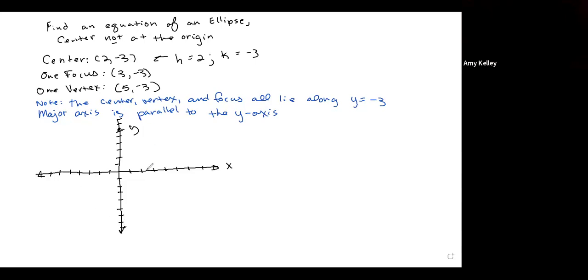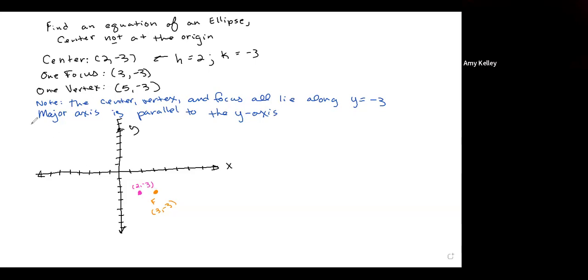All right, so we know that our center is at 2, -3. One focus is at 3, -3. And it looks as though the focus is 1 unit away from the center.